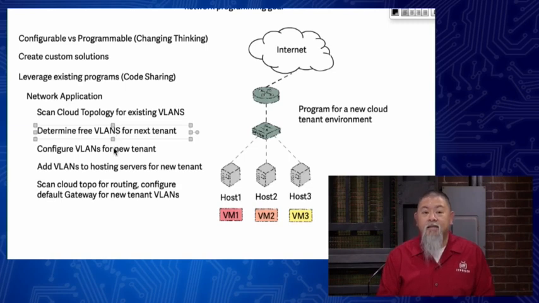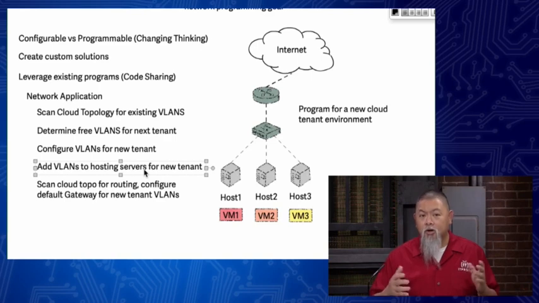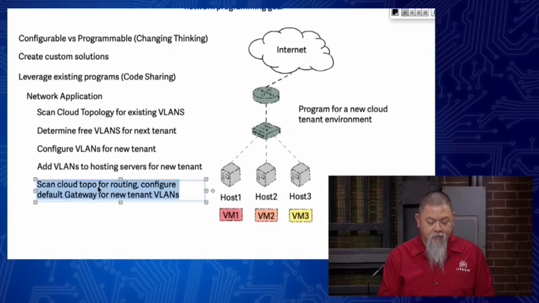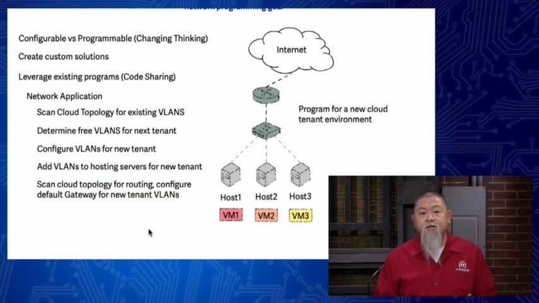Then we can even tell it that if you do this, configure a VLAN for that brand new tenant as it comes up. We can also add the VLANs that are necessary to the hosting servers that the new tenant will also have access to. And then scan the cloud topology for routing, and configure the default gateway for the new VLAN as well.